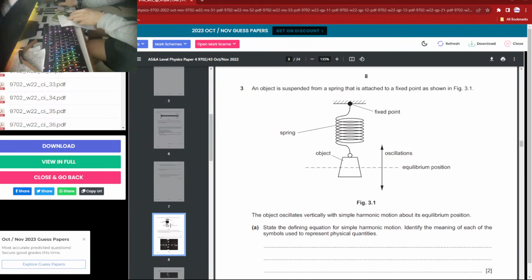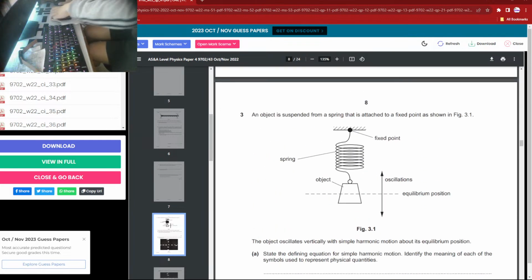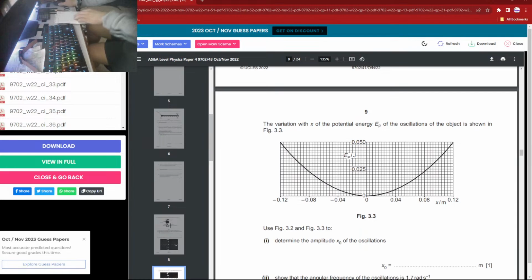Determine the mass of the object. For this one, you will actually use the potential energy here. So it's the third part. You have 0.05 potential energy at the max height. So 0.05 is equal to half m angular velocity squared x naught squared. So it will be equal to half, and we don't know what the m is, angular velocity squared, which is 1.7 squared times 0.12 squared.